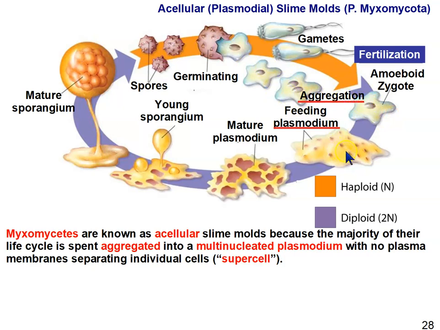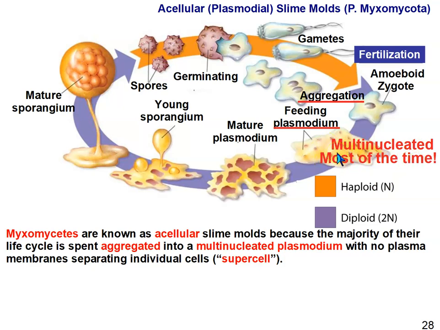They all come together, just like they do in cellular slime molds. But in cellular slime molds, they remain individual cells when they form the slug that they form. But in this case, the plasma membranes go away, and they become one big multinucleated supercell. And that's how they spend most of their time.